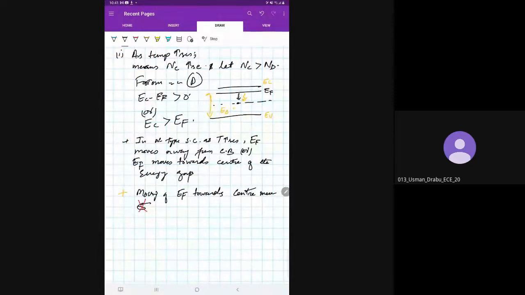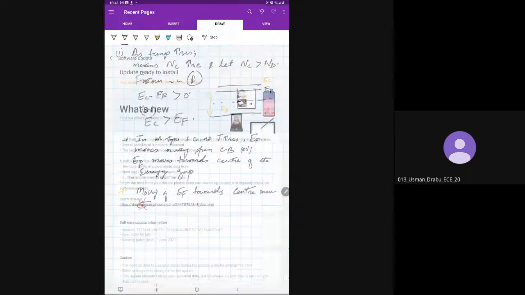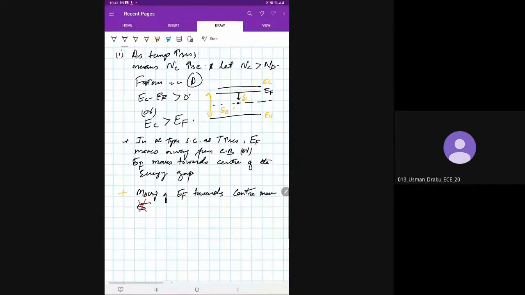I will write it in this way. Moving of EF towards the center would mean that extrinsic semiconductor tends to become intrinsic semiconductor.